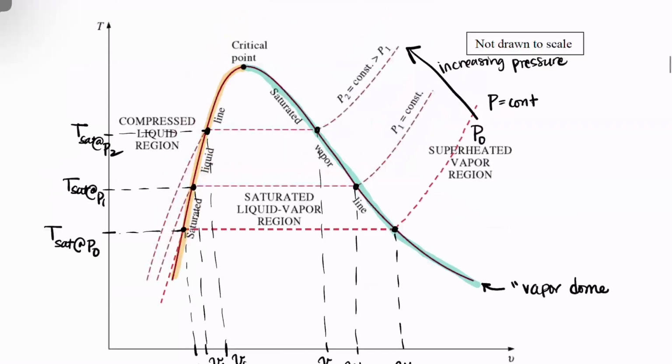Does that make sense? And then if we look at the temperature where this critical point happens, this is T crit, critical temperature. Okay. Any questions on this so far?